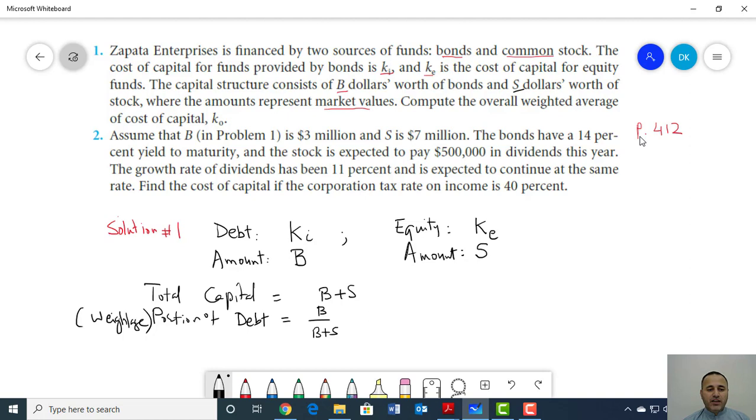And the weightage or portion of equity is S divided by B plus S.